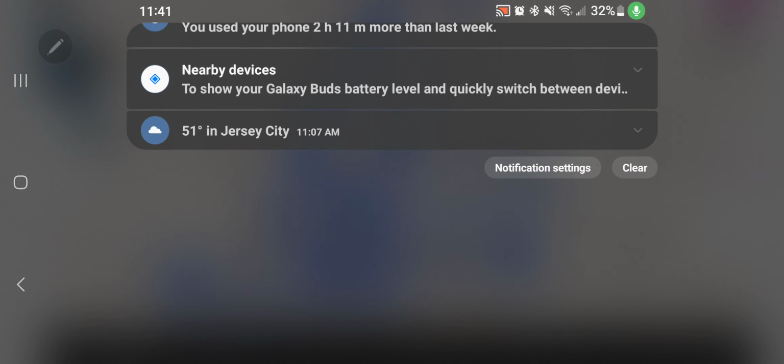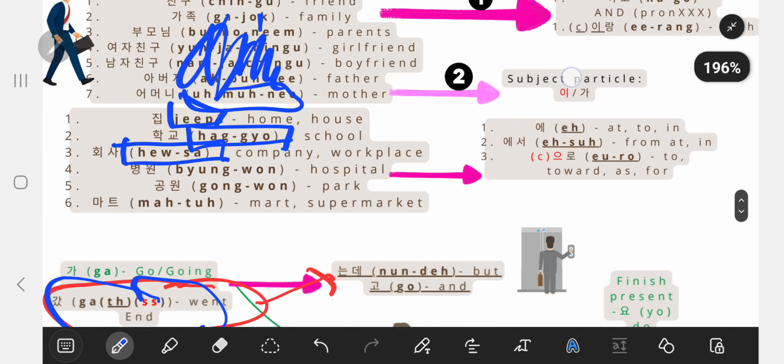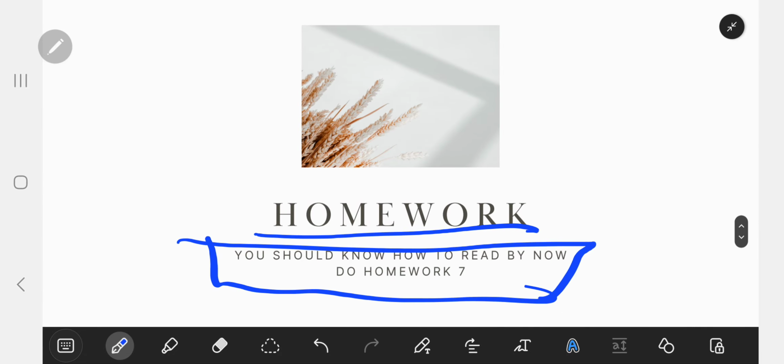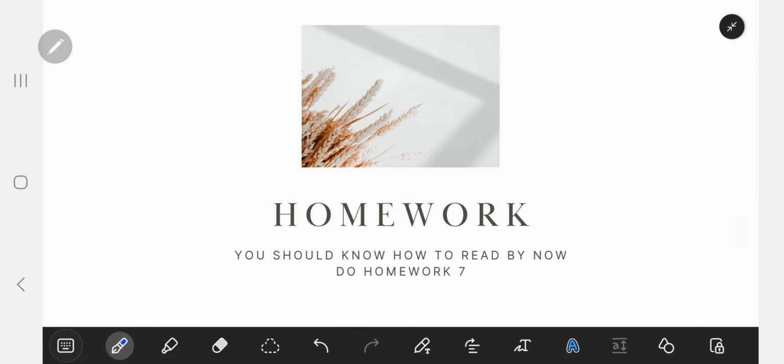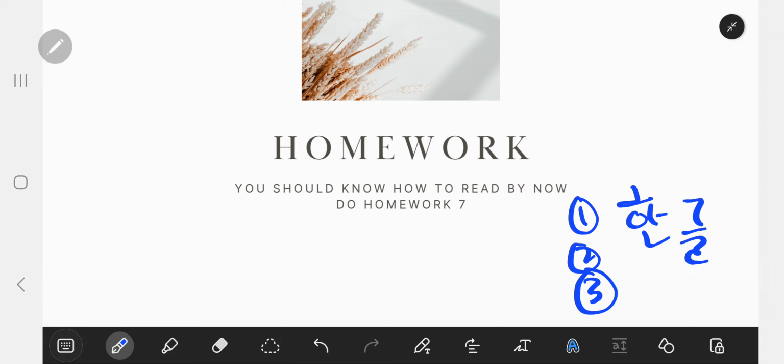All of this is going to disappear. So you got to do something. Make sure to look into your portal and do lessons 1, 2, and 3, the lessons that you see for Hangul all the way in the beginning. You must do that, and then do the homework for lesson 7.